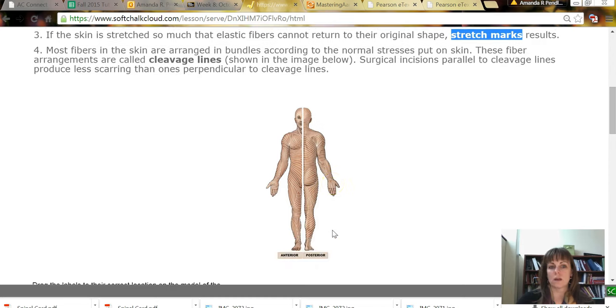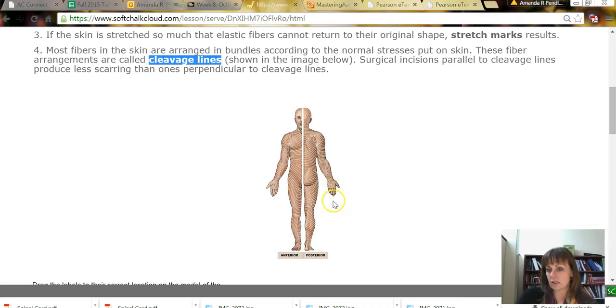Okay. The other thing I want to point out is that it turns out the fibers in the skin are arranged along these lines on the body. Some of them may be going in opposite ways, but most of them are not. Most of them go in these lines, and those lines are called cleavage lines.